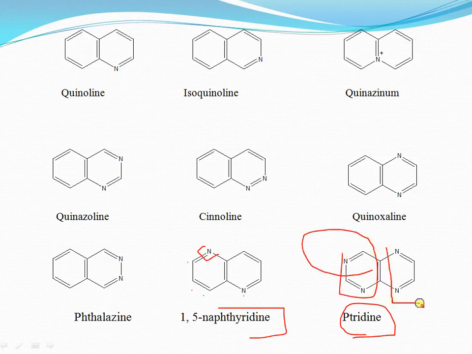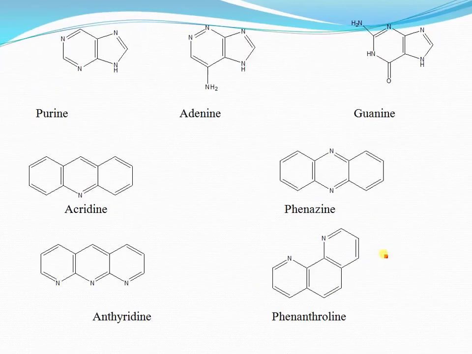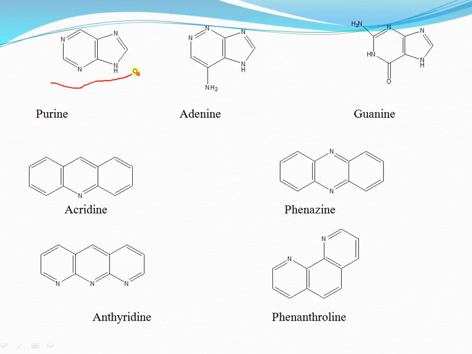Pyrimidine and diazine. It is purine, imidazole and pyrimidine. It is pyrimidine, it is imidazole, 5-member and 6-member ring systems fused with each other.